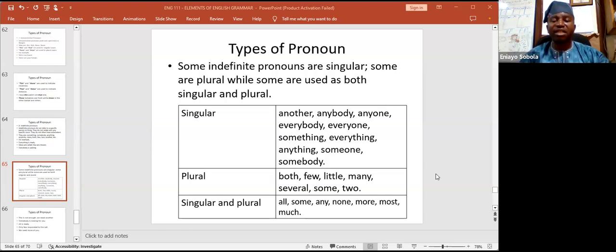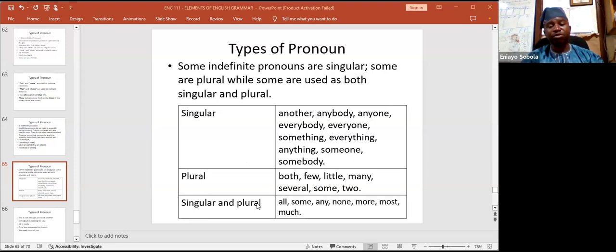So concerning the indefinite pronoun, we have singular indefinite pronouns, which are these: anybody, anyone, another, everyone, something, anything. Plural indefinite pronouns, which are both, few, little, two, many, and the rest.